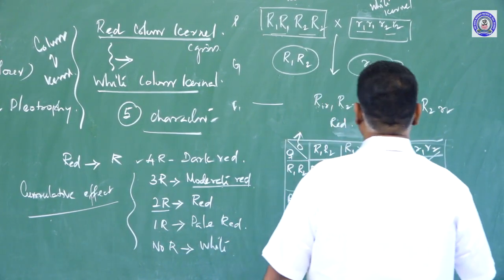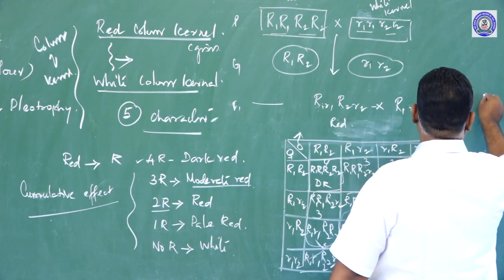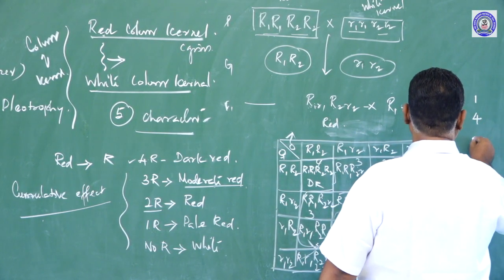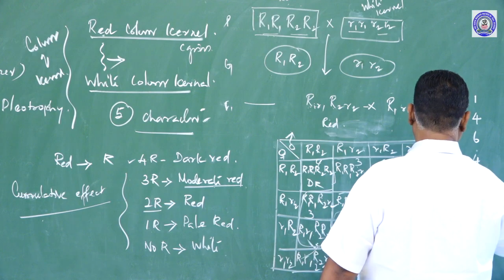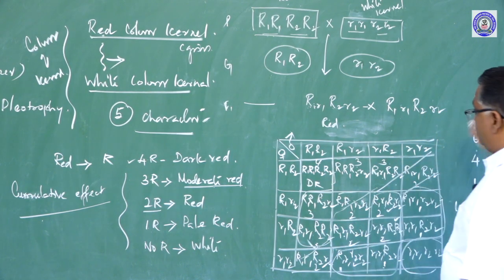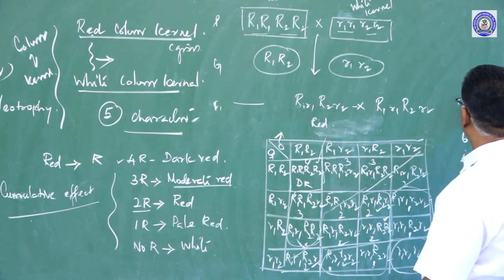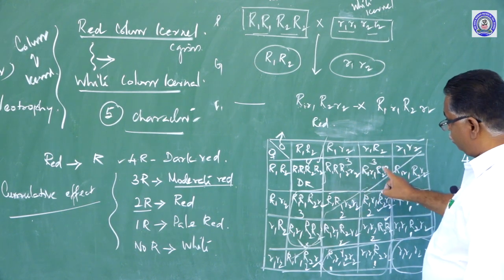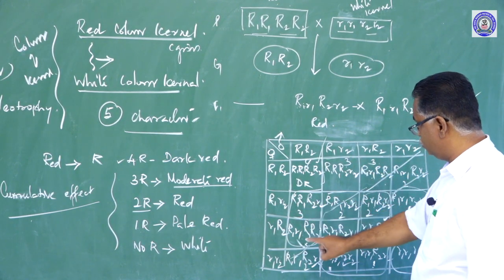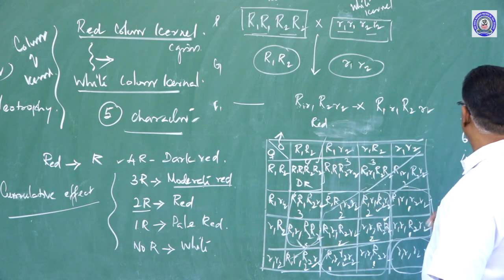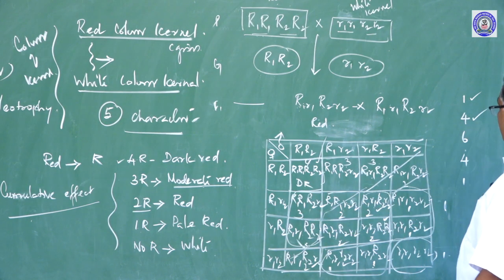So from this we understand 1, 4, 6, 4, 1. This one is dark red. These 4 are moderate red.